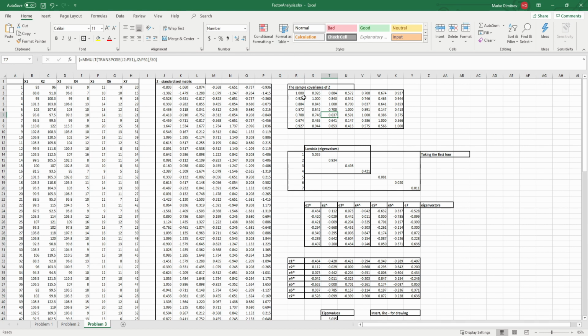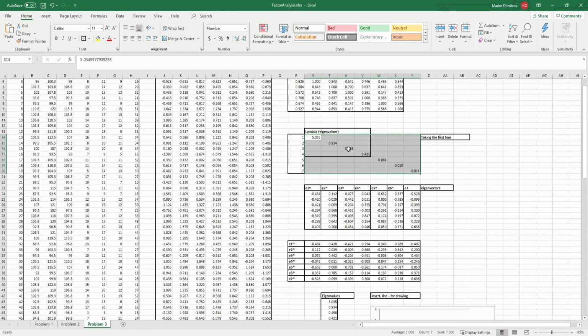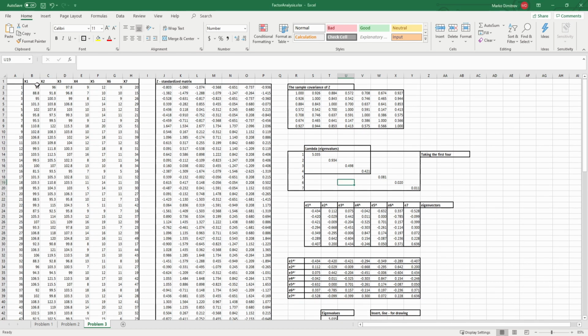Okay, so next, we already completed that multiple times, so you should know that. What we need is eigenvalues and eigenvectors. Again, we use R, we get the eigenvalues and eigenvectors, and in this case, we will take the first 4. Now it's not the same as in principal components, but it's similar. Still, we need to explain as much as we can from the initial sample, so to contain as much information as we can.